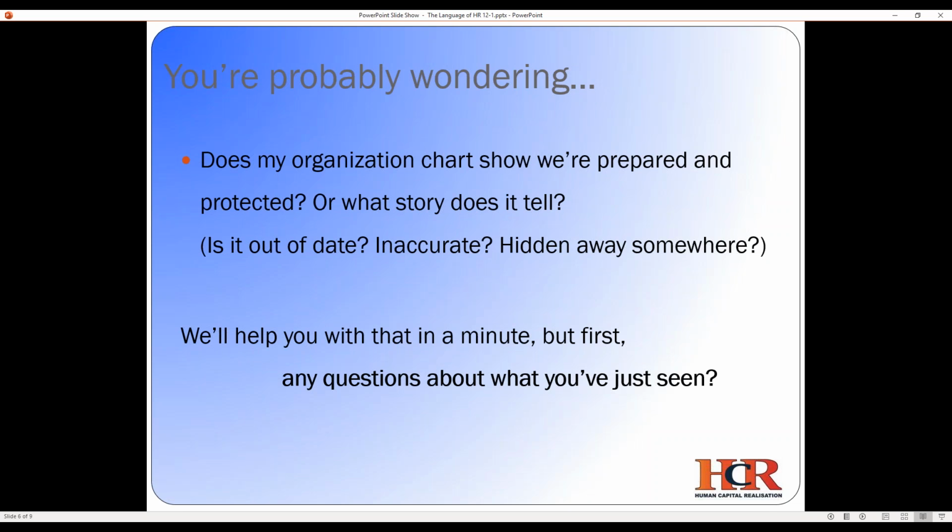Does my organisation's org chart show that we're prepared and protected? What story does it tell? Does it even tell a story? Do we have one? Is it available or is it hidden? So, look, we'll get onto that and we'll do a bit more on that in a minute. But before we go on, any questions about what you've seen?